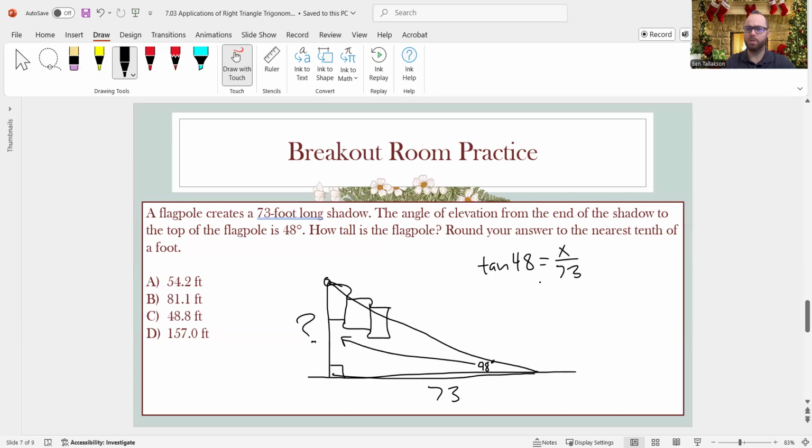Very similar to before, right? Multiply everything times that 73. You get 73 tan 48 is X. And you work it out. You round to the nearest tenth, and you get 81.1 feet.